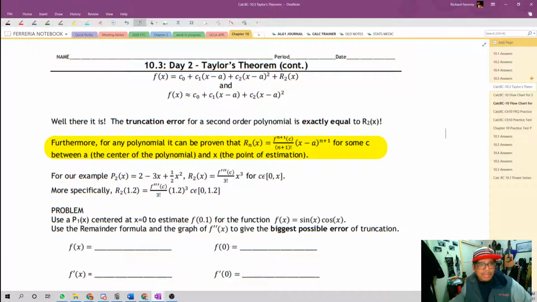And that's what we're saying here in the highlighted section. The remainder is equal to the next term that was left off of the polynomial. So if we have a second degree term, the remainder for that second degree term is going to be equal to the third degree term evaluated somewhere.